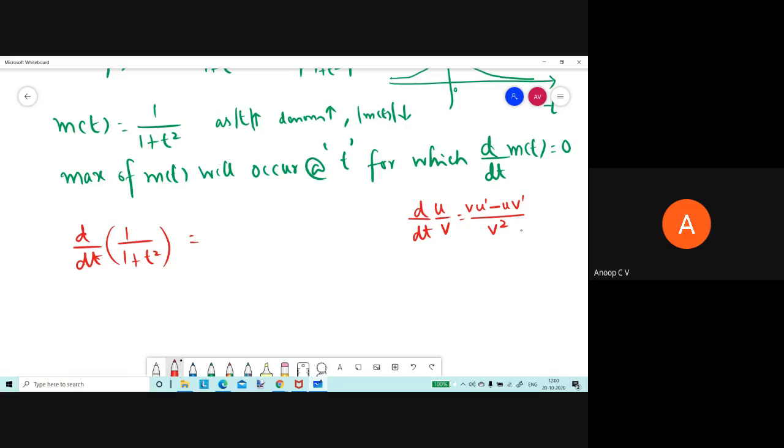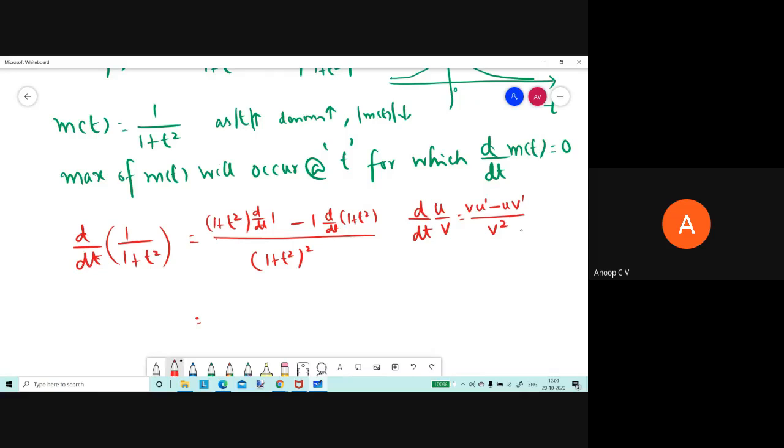So if you apply this, first it will be 1 plus t square into the derivative of numerator, d by dt of 1, minus the first function, 1, into d by dt of 1 plus t square, whole divided by 1 plus t square the whole square.